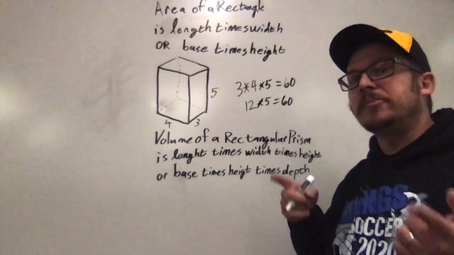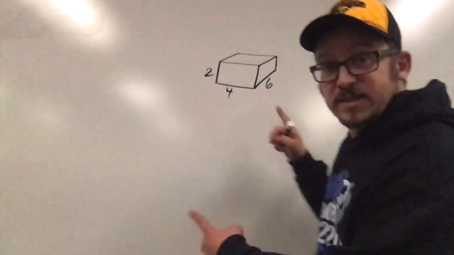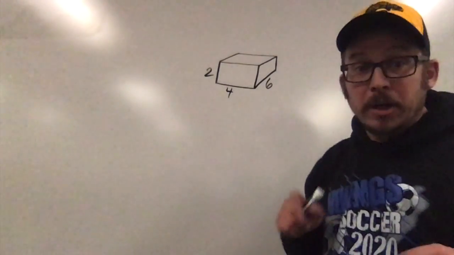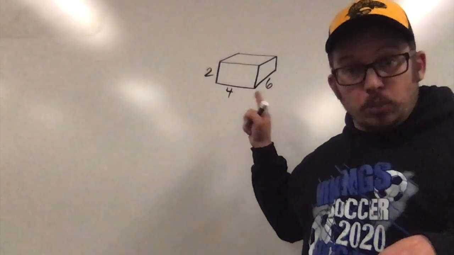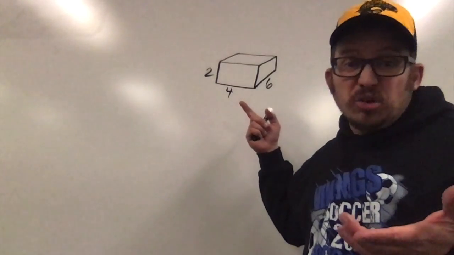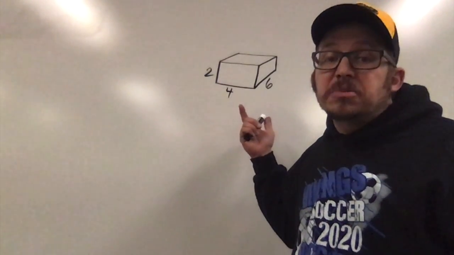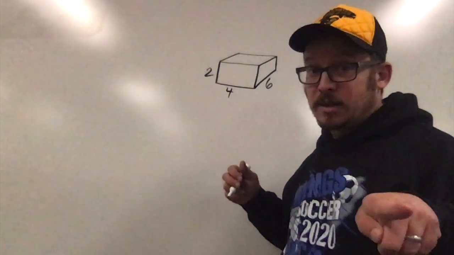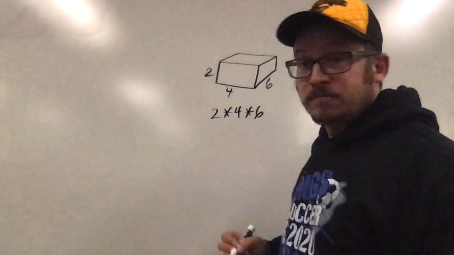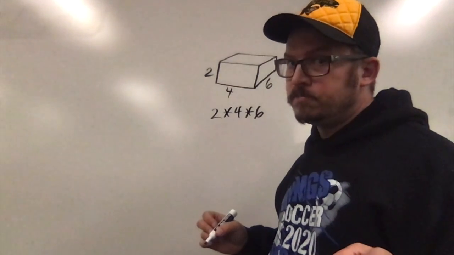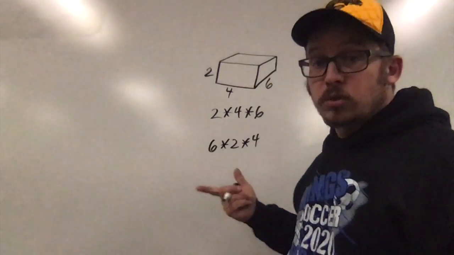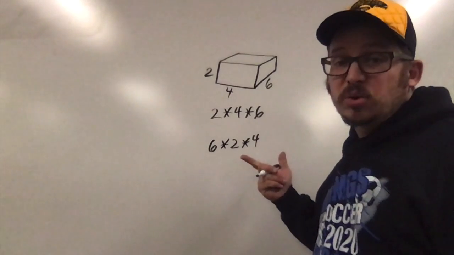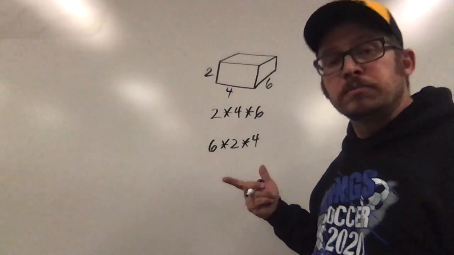How about another one? With this one, we've got 2, 4, and 6. Let's see how this works out. Does it matter what order I do this in? Absolutely not. Here it is written two different ways, 2 times 4 times 6, or 6 times 2 times 4.